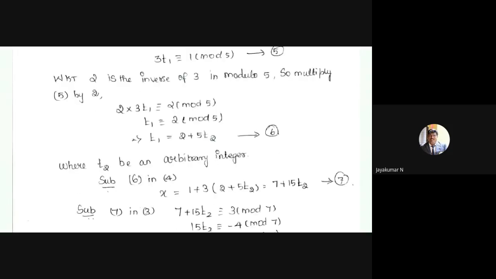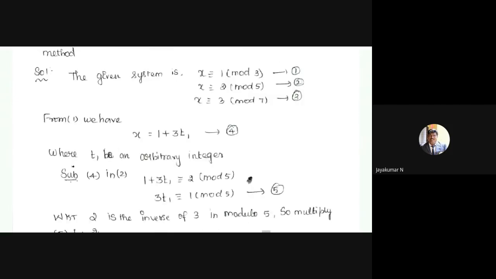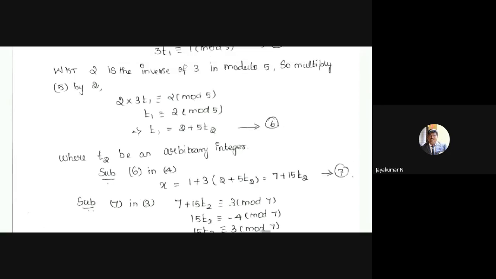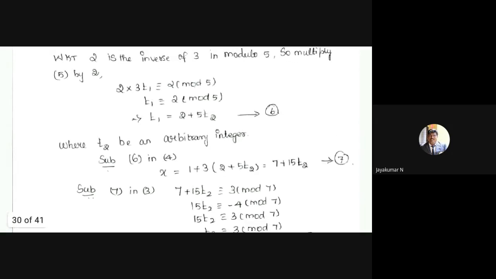So x equals 7 plus 15t2, which will be substituted in the third equation. So 7 plus 15t2 is congruent to 3 mod 7. Now the 7 on the left hand side goes to the right hand side: 3 minus 7, that is minus 4. So 15t2 is congruent to minus 4.